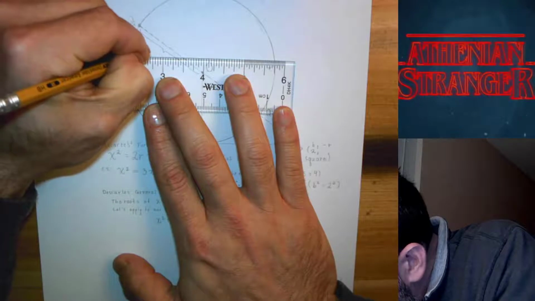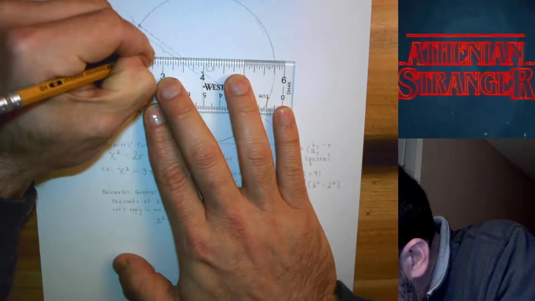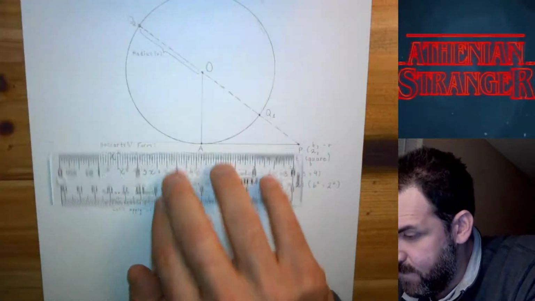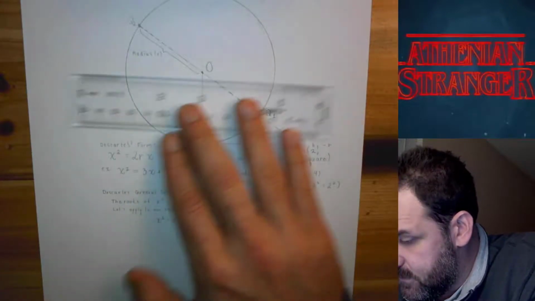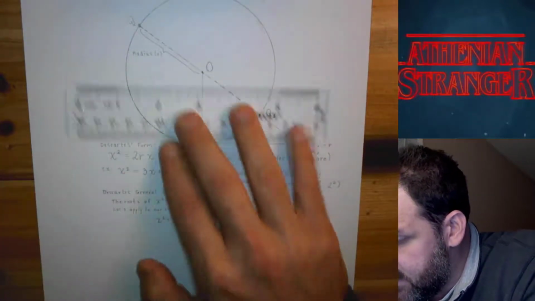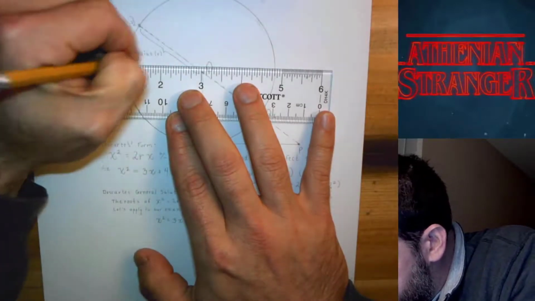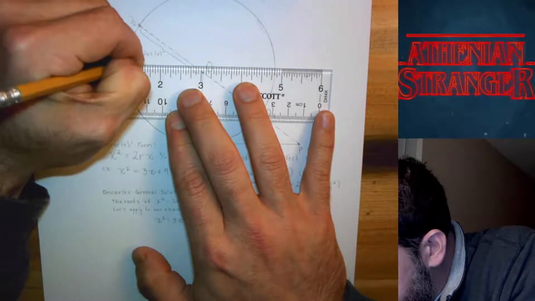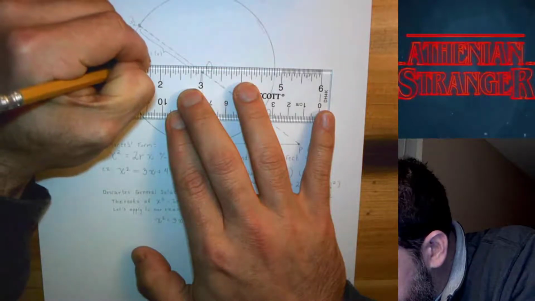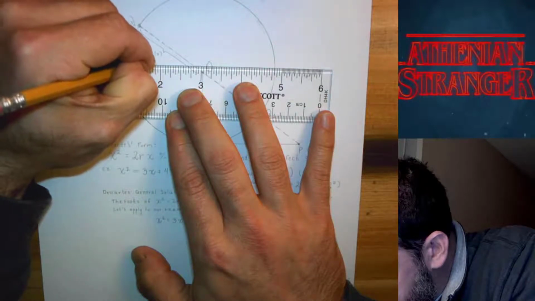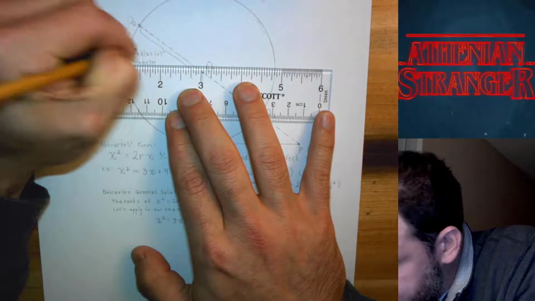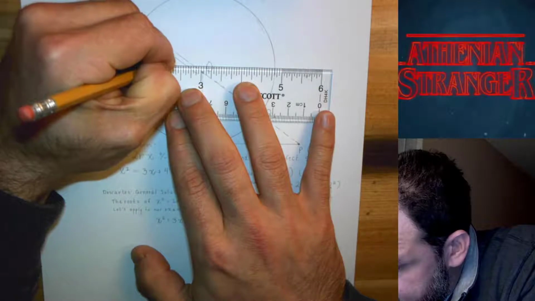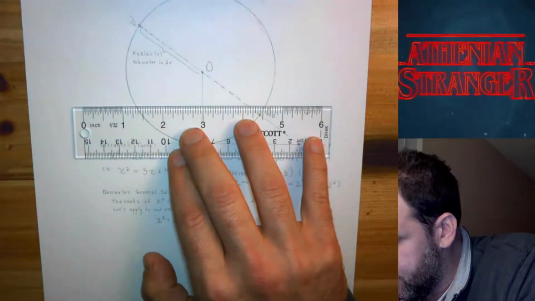And the radius is always, we always use the letter r. Okay? So what's our radius? Well, we were given that 2r equals 3. So the diameter is twice the radius. Okay?